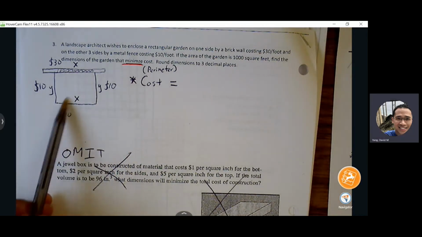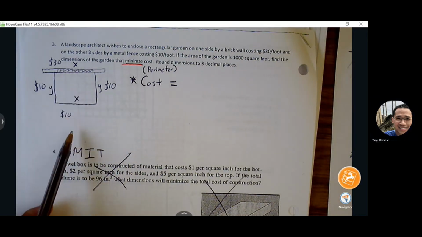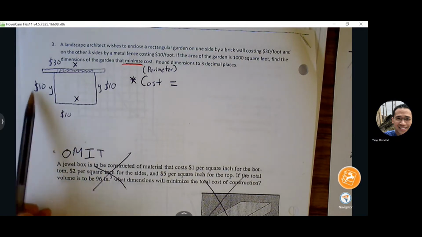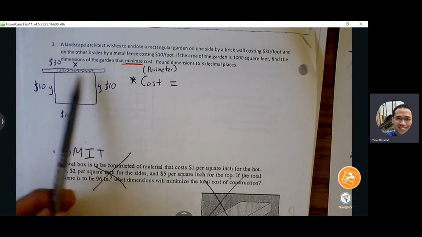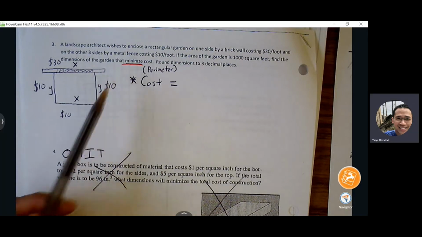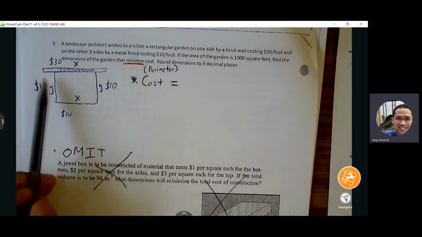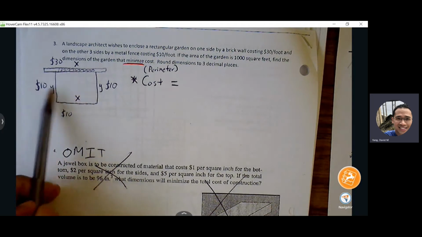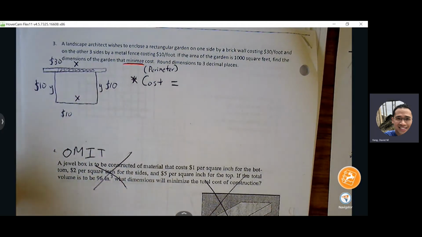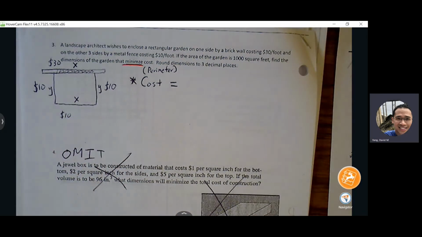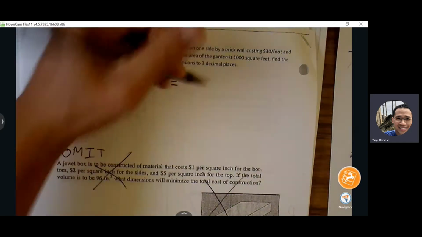Let me start you off. 10x plus... Right. So we're just adding up all the sides, but then we're involving the cost that associates with each side. So 10x plus 30x, that's 40x plus 20y. Are you guys okay with that cost equation?